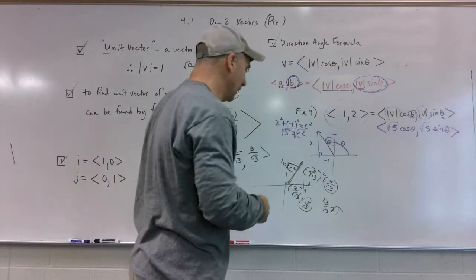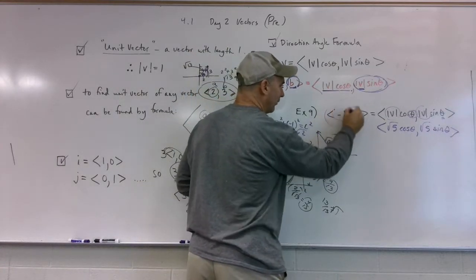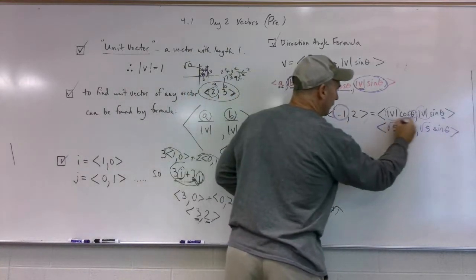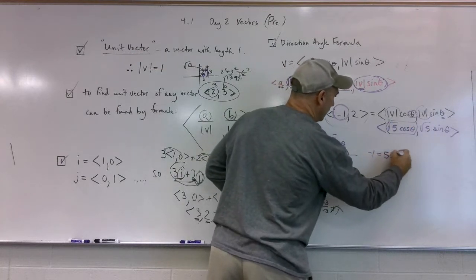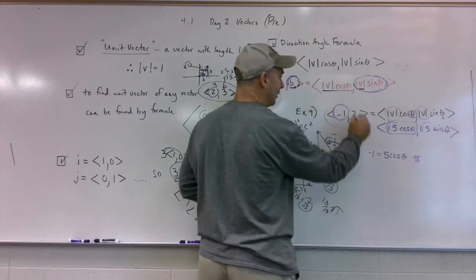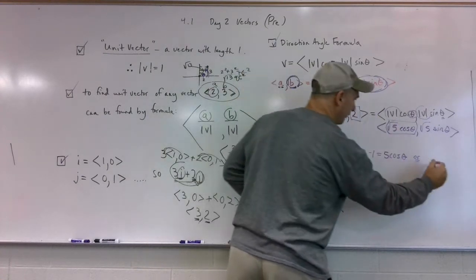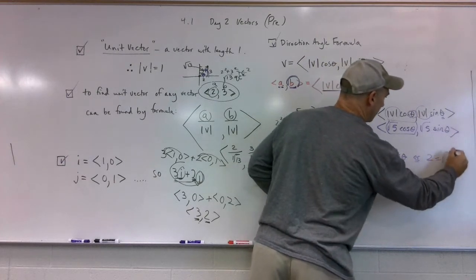Very, very unique thing in math. I can do one of two things. I can say this stuff equals this stuff, so -1 equals the square root of 5 times cosine theta, or I could say this stuff equals this stuff.